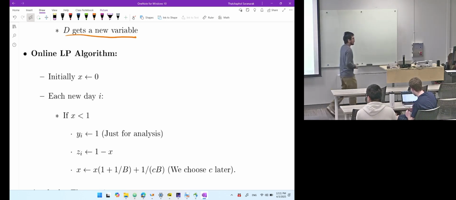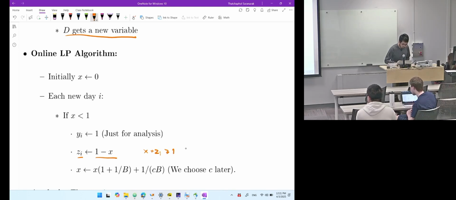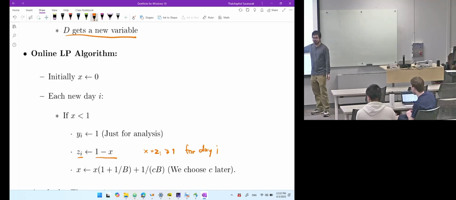And then the next step is I set zi to be 1 minus x. And so it means that x plus zi is now at least 1 for day i. So at this point, the new constraint is satisfied.